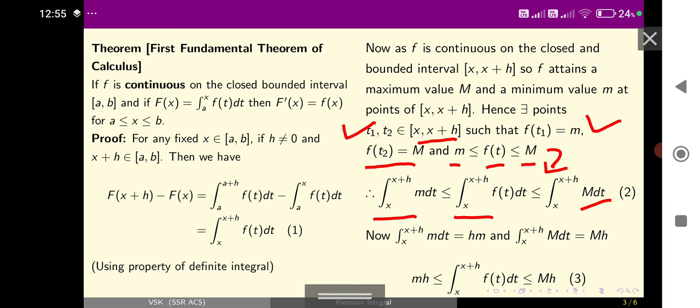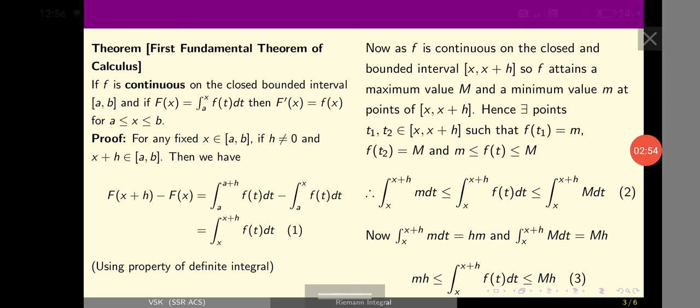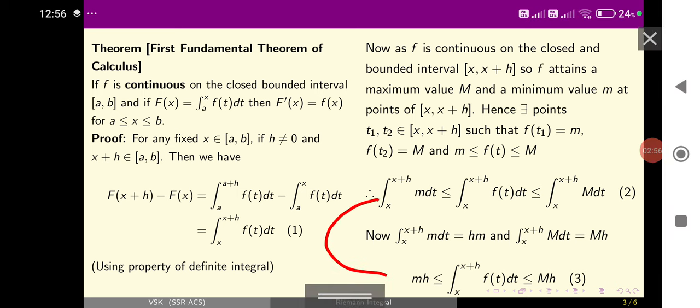And from this, because m is constant, the integral from x to x+h of m dt will be h times m, and likewise the integral of capital M dt gives M into h. So finally we get that mh is less than or equal to the integral from x to x+h of f(t) dt, which is less than or equal to capital M into h. This we obtained, and we'll call it equation number 3.